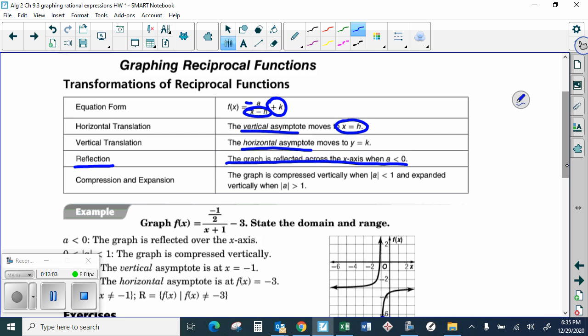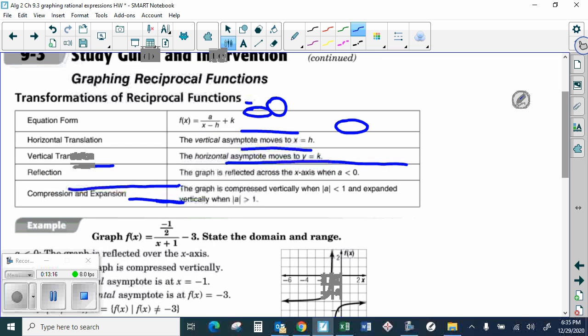Compression and expansion. Those are the same as the vertical stretch or horizontal stretch. In other books, they call them that. Oh no, they want compression vertically. So the compression would be your vertical stretch.